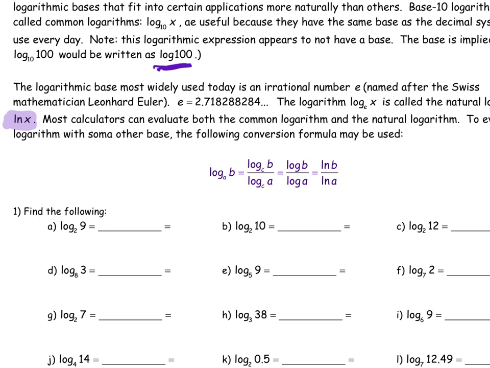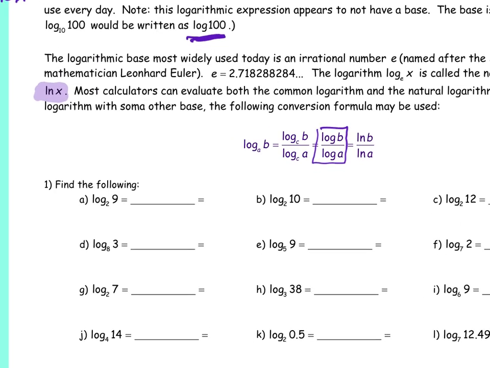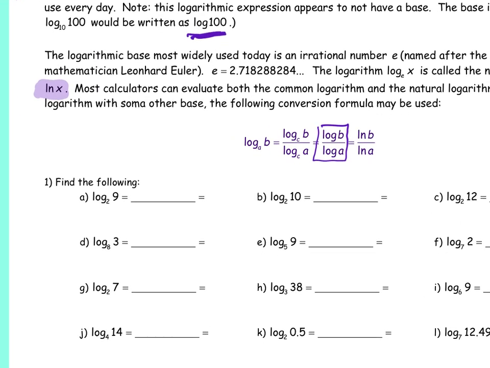This is the part that I'm really going to use. If I have log base a of b, I can rewrite that as log base 10 of b over log base 10 of a, so I can put it into my calculator. As an example, for this first example I can write this as log of 9 divided by log of 2.